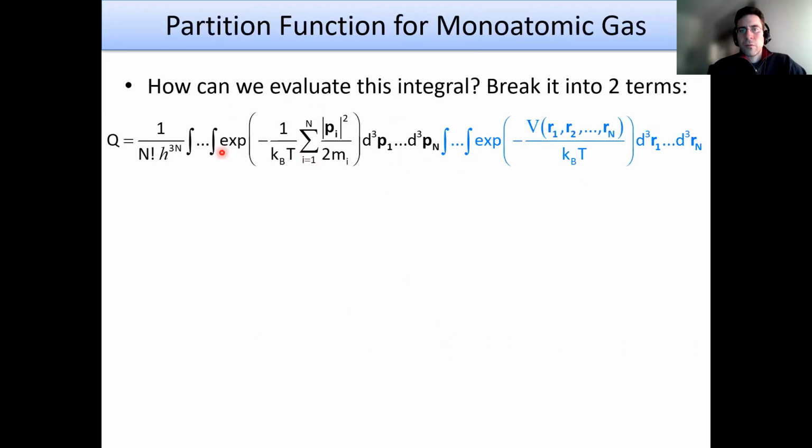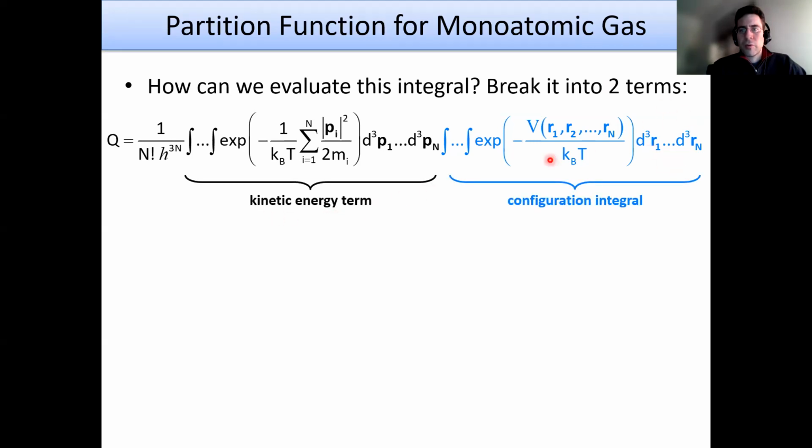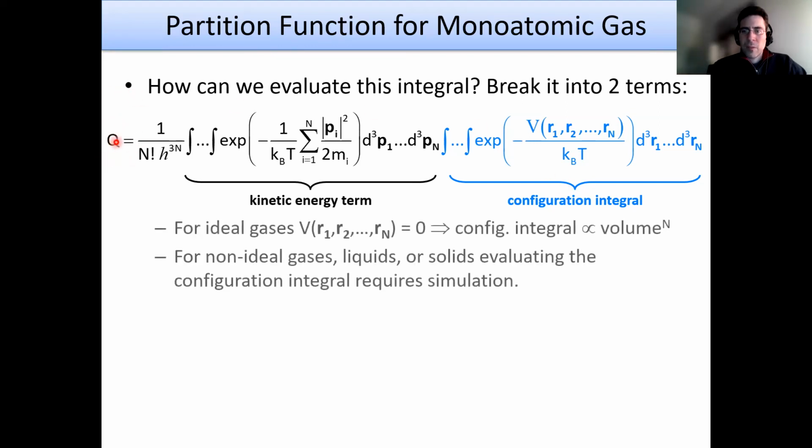So this is the first part of the product, this thing here, and I integrate over the momenta, and this is the kinetic energy part. And then the second part is the potential energy, and I'm integrating over the positions. Right, so this arises from the kinetic energy term, and this sometimes is referred to as the configuration integral or configurational integral for the classical partition function.